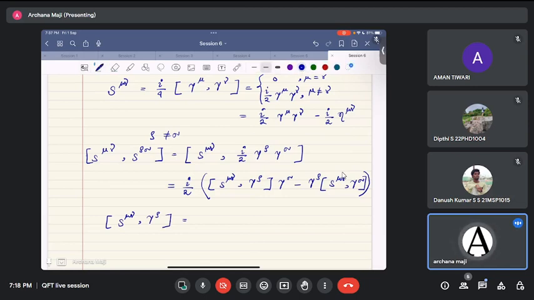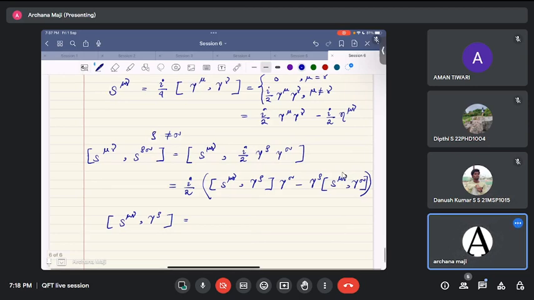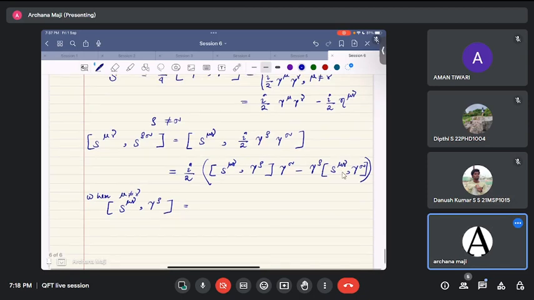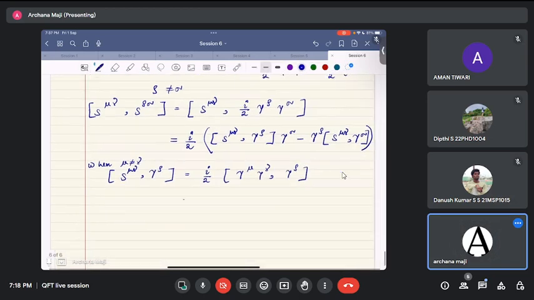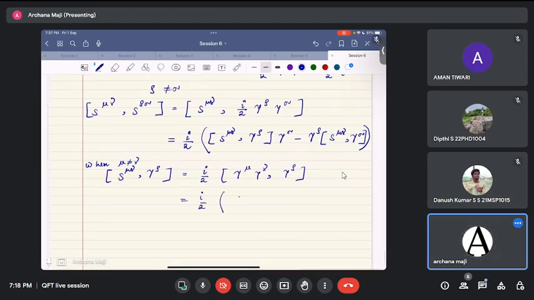For this to be non-zero, of course mu and nu should not be the same. i over 2 gamma mu gamma nu gamma rho.